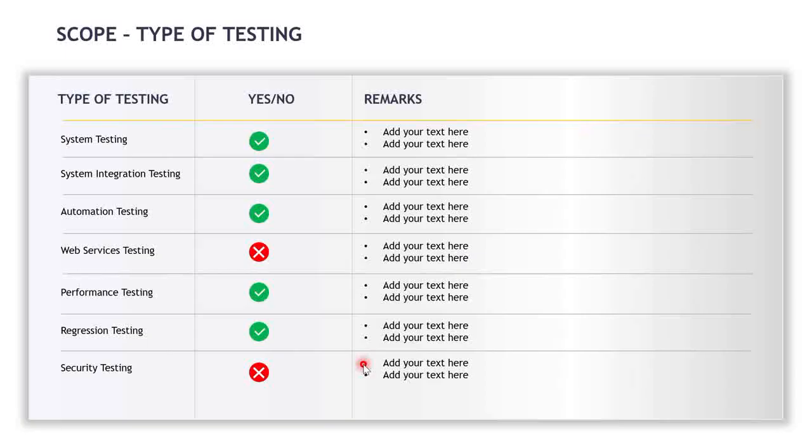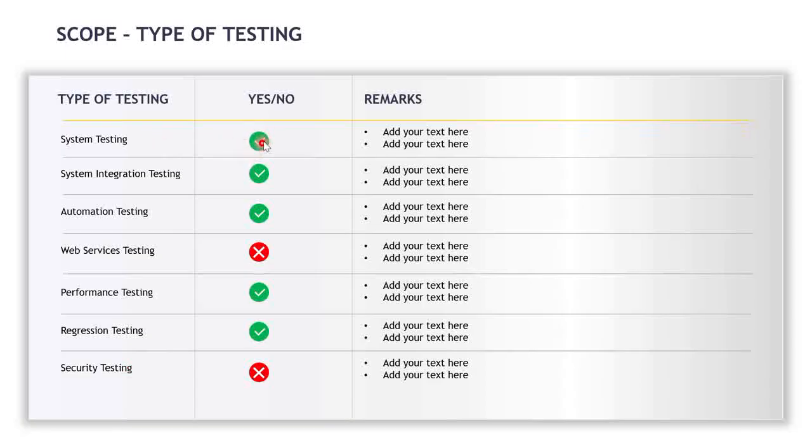So in a testing project, there could be a variety of testing. You could do system testing, system integration testing, automation testing, web services testing, performance testing, regression testing, security testing. There could be rollback testing. There could be penetration testing. There could be n number of testing. But what is important is that you tell your audience that these are the things which are going to be part of my scope.